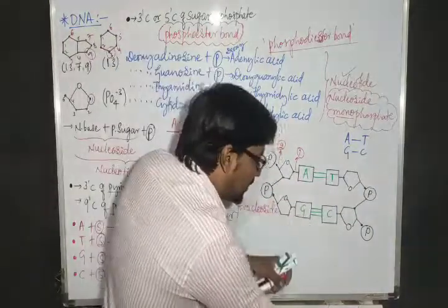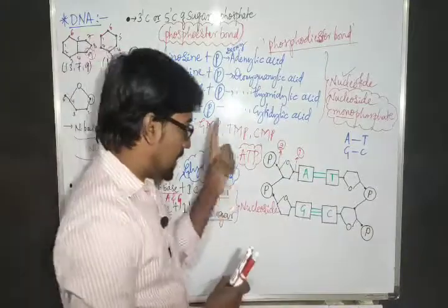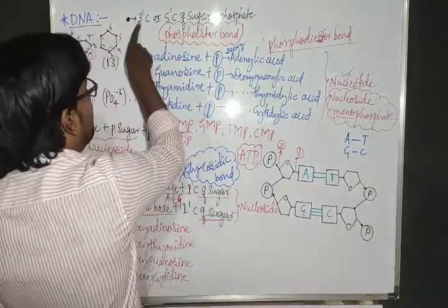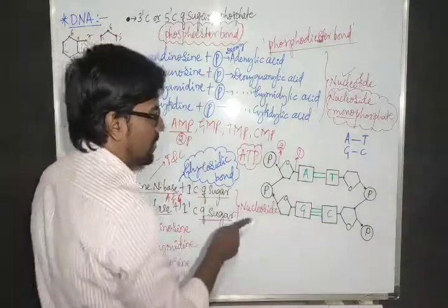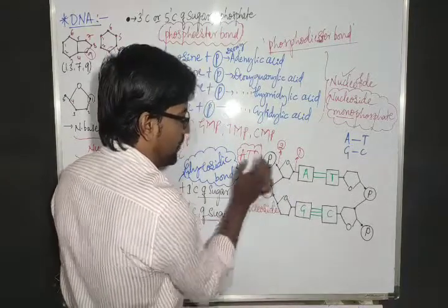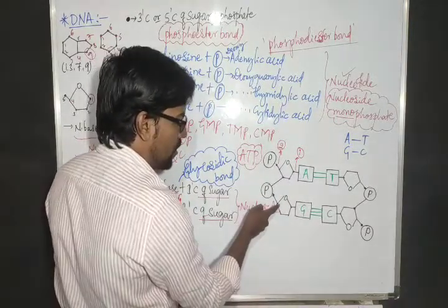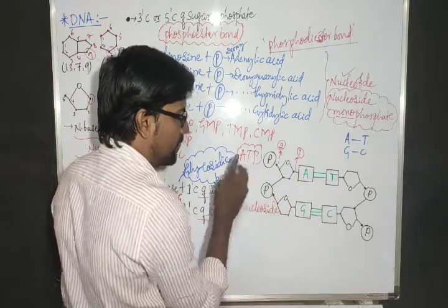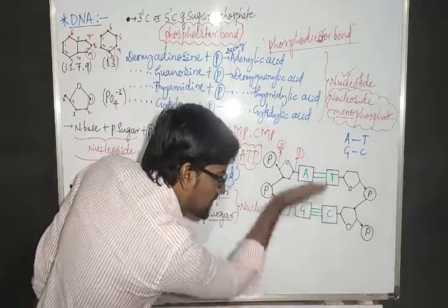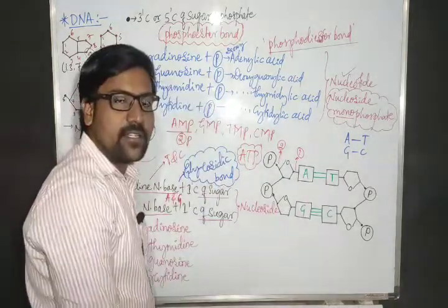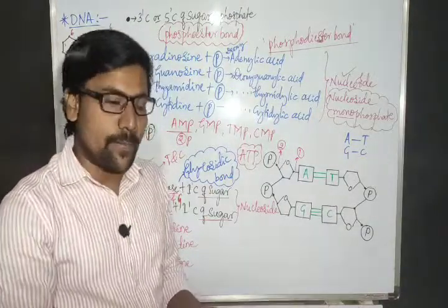Like that we can write all the base pairs. That's why I told you, third carbon or fifth carbon of sugar will combine. So like that, many base pairs are present here.